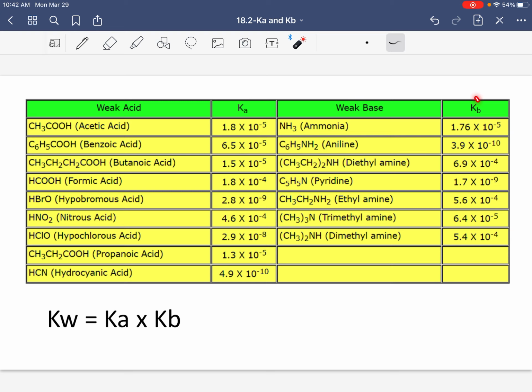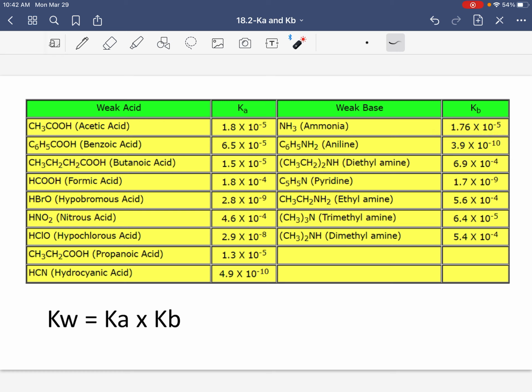And then we have Kb value, which is the base dissociation constant for a certain type of base. Look at this. Ammonia, remember? We always have him as the representative for Bronsted base. And he has his own Kb value.